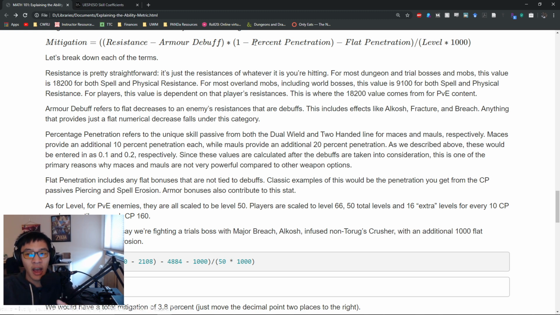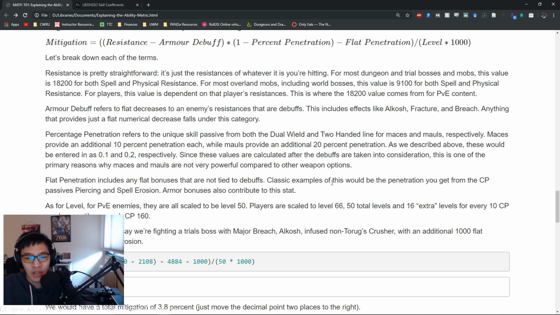This percentage value is calculated after we take into consideration all of the armor debuffs, which is why we often say that maces and mauls are not very powerful compared to other weapon options. The assumption is that you are able to get things like Major Fracture, Minor Fracture, Alkosh, and Crusher up, so the actual amount of penetration that you're getting from maces is not going to be very powerful compared to what you would get from something like daggers, axes, or swords.